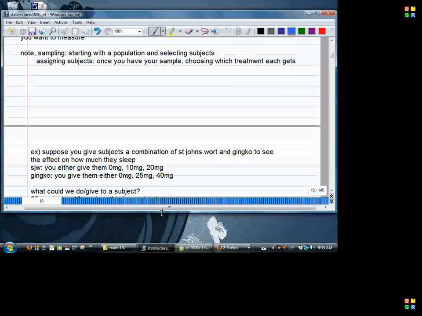So if you take a subject, what's something that one subject possibly could receive? We're giving them a combination of St. John's wort and ginkgo.